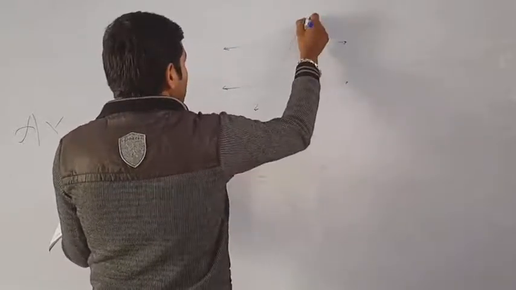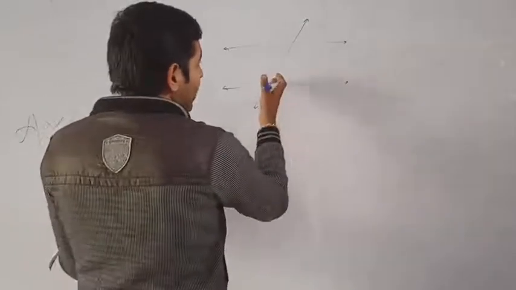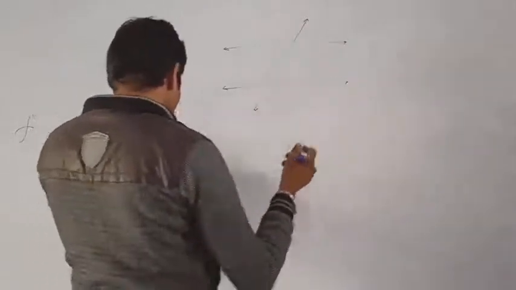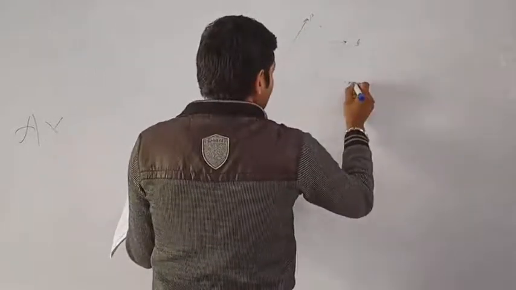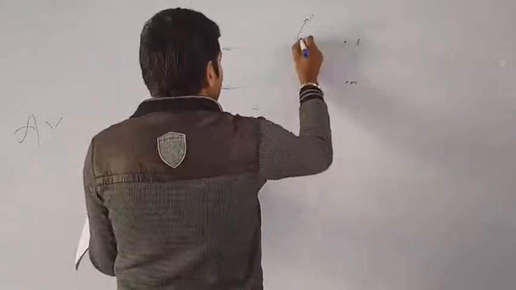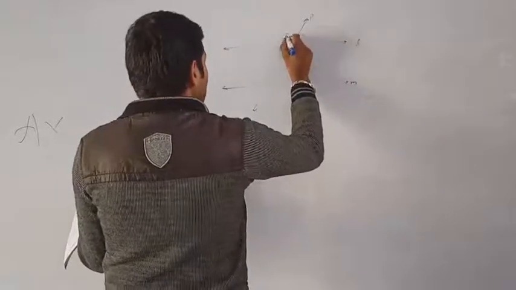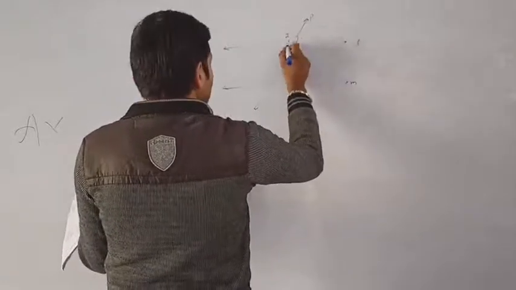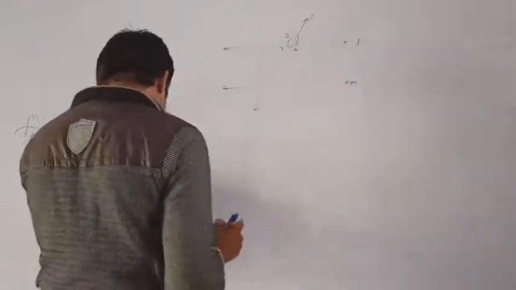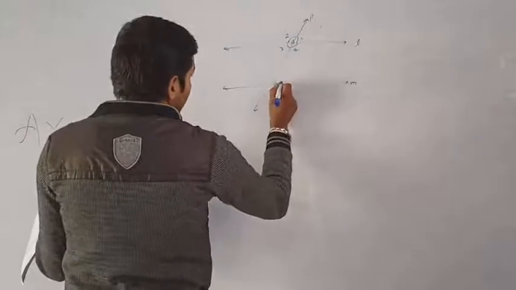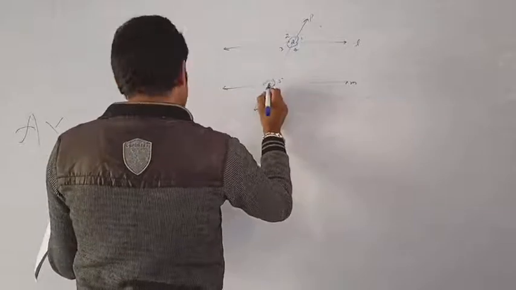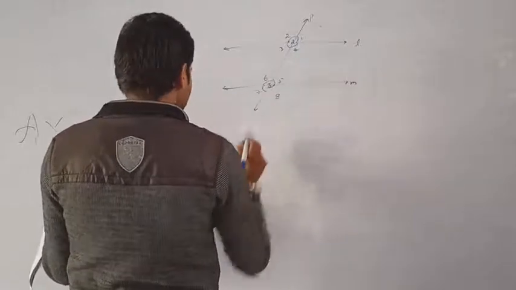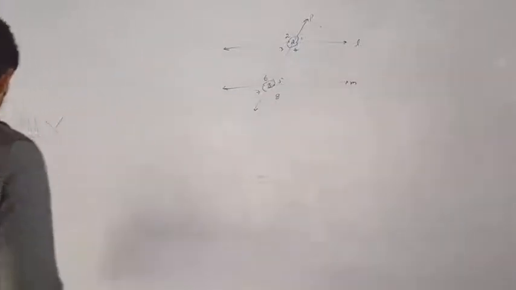If one straight line intersects two parallel lines at distinct points, then here this is L and this is M, with points P, A and B, and angles 1 to 8 as marked.